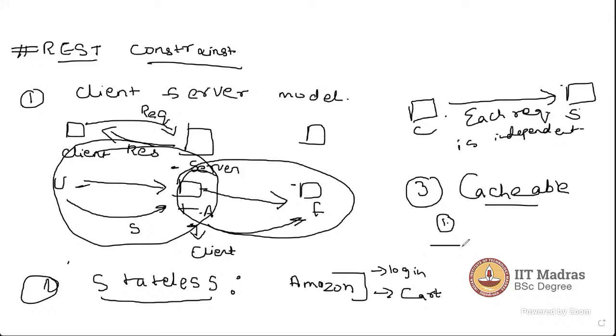If you request one resource from the server, that resource is cacheable only if this request has been requested earlier also. If you are sending each and every new request to the server, it can't be cacheable, right? It will only be cacheable if, let's say, you are going to a website and you had entered your details. So every time you go to that website, it will recognize you.